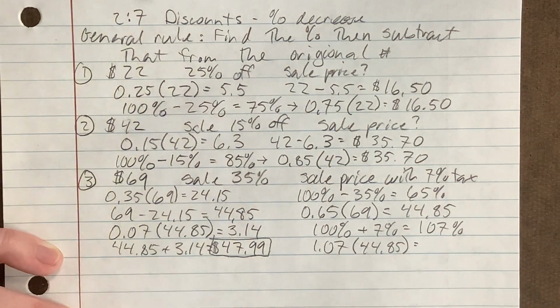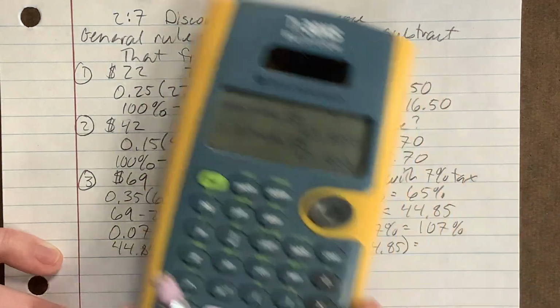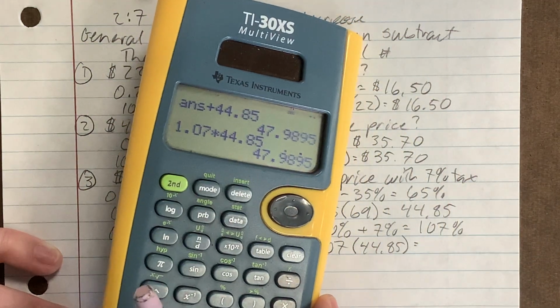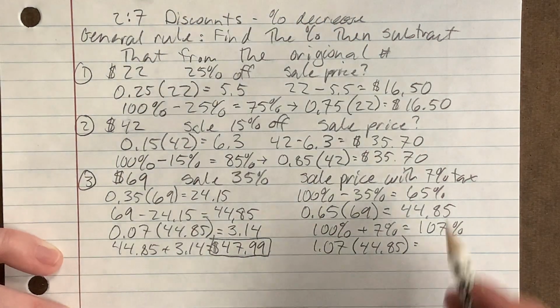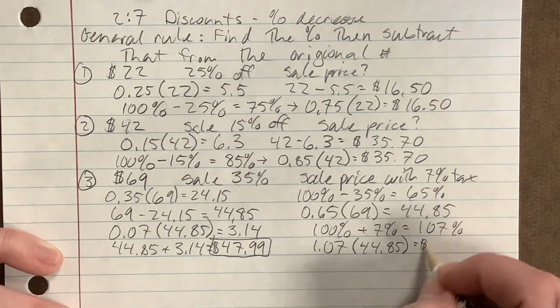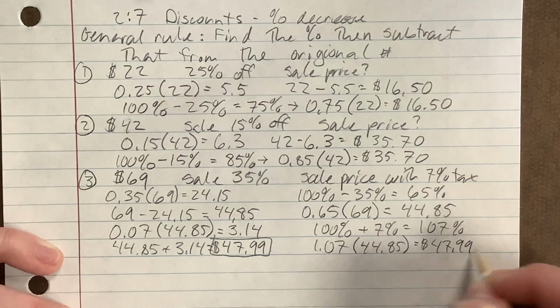And guess what? It comes out to be, I'm going to do it in the calculator just to prove it to you, 47.99. They are the same. I am not lying to you. So 47.99, either way we do it.